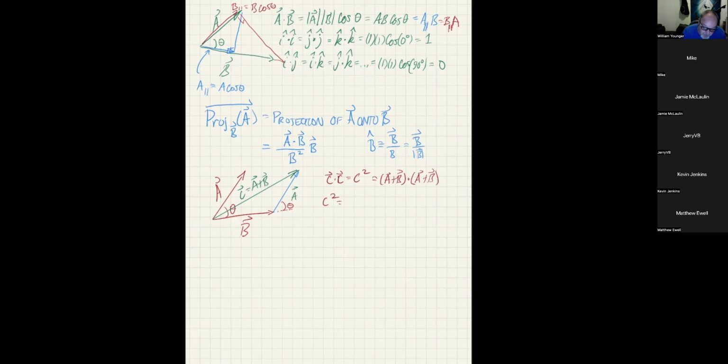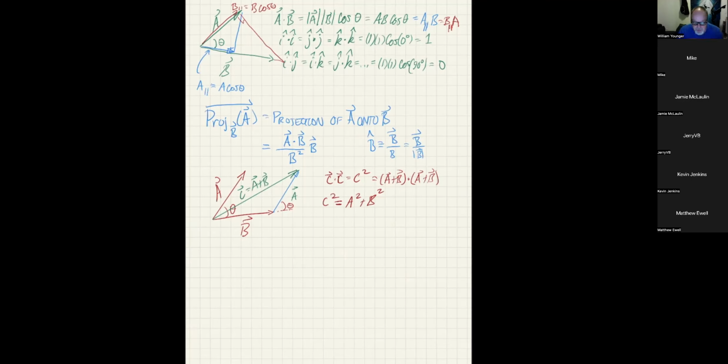So that's why I'm saying that it's C squared. Well, A dot A is just going to give me A squared, and then B dot B is just going to give me B squared. So I'm doing FOIL, but I'm not doing it in the order that you are used to. I'm actually doing it in the order so you see the similarities between it and the Pythagorean theorem.